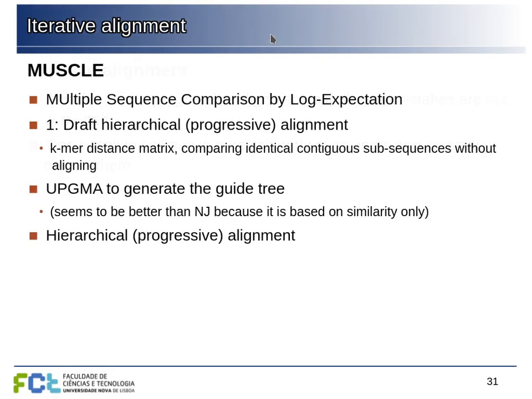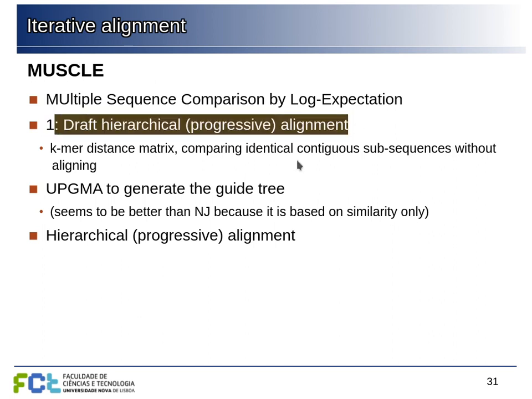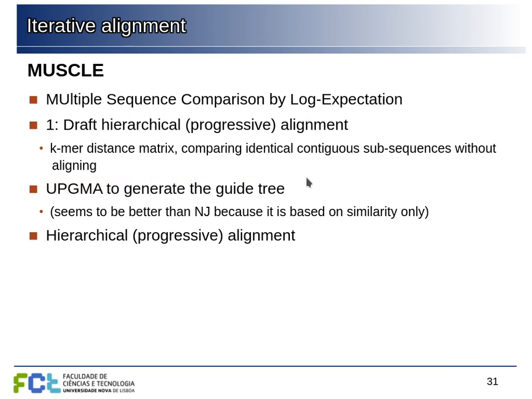So just briefly, I'm going to give an example of that with MUSCLE. This is multiple sequence comparison by log expectation. This is an algorithm that can build a multiple sequence alignment, and it starts by creating a first progressive alignment using UPGMA to generate the guide tree, and then creating this first alignment.